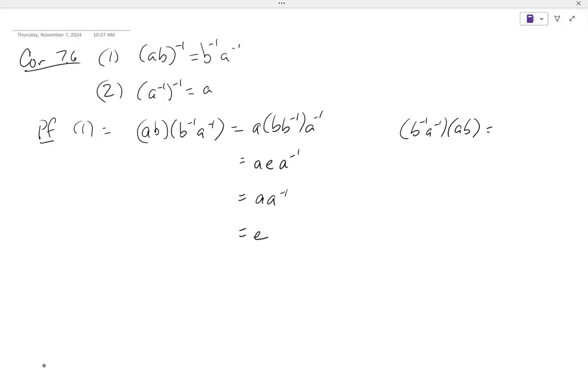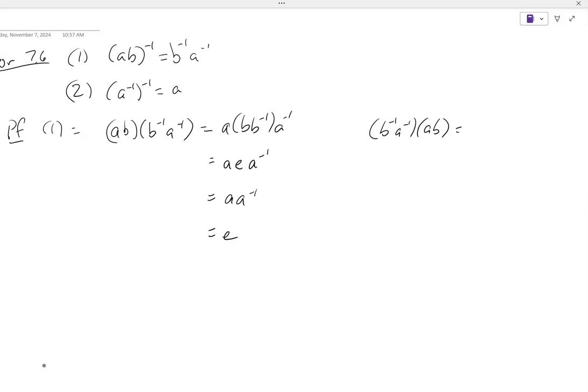And like I said, it's the exact same proof for the other one, except that basically the labels have changed, haven't they? Regroup, replace, and then just rewrite all the way down.